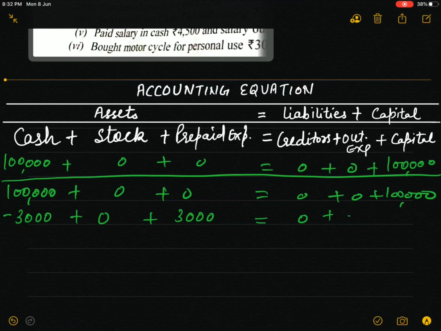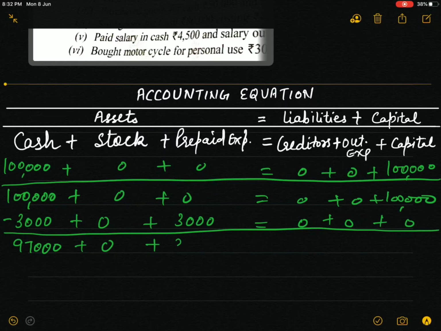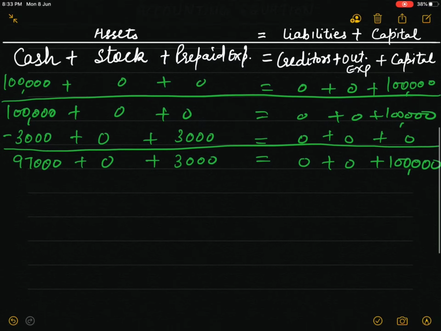No effect on creditors, outstanding expenses, and capital. 97,000 cash, 3,000 prepaid expenses, 0, 0, plus 1 lakh. Check that 97,000 plus 3,000 is 1 lakh on the asset side, and 1 lakh on the liability side, equal.